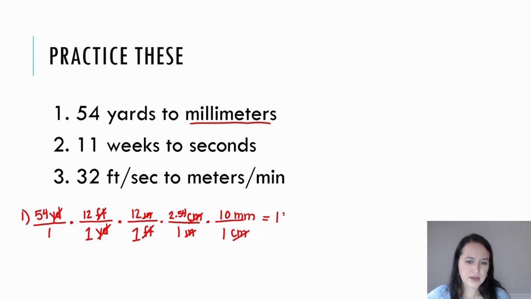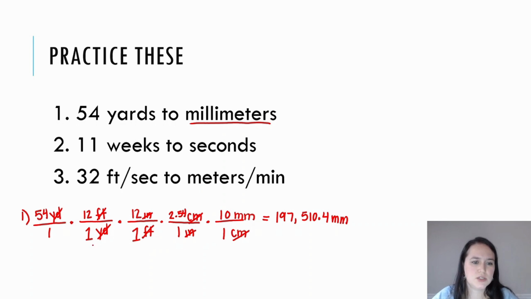I get 197,510.4 millimeters. And with these, you can see, does it make sense? I'm going from 54 yards, 54 of these, to how many of these little bitty millimeters? 197,000 and some change. Yes, that makes sense. That one's good. Okay.